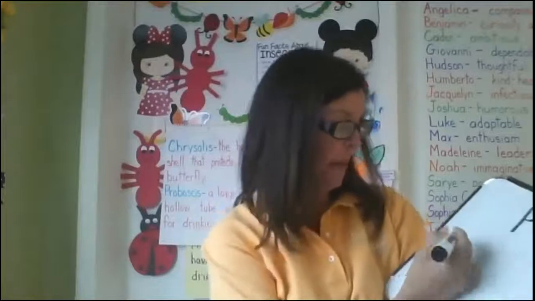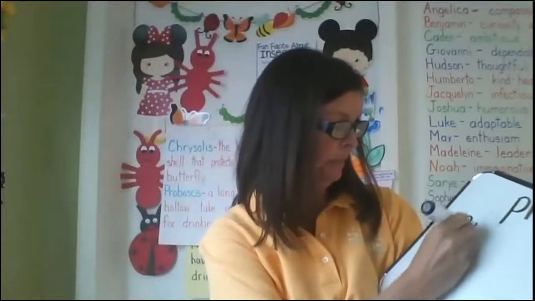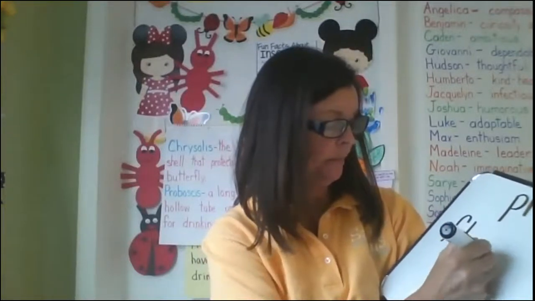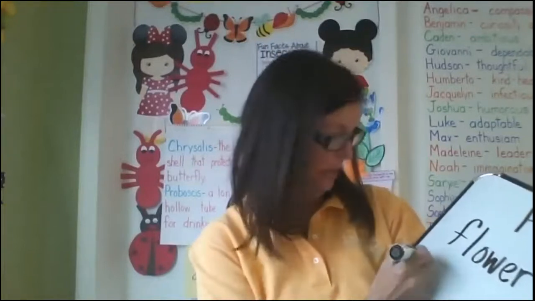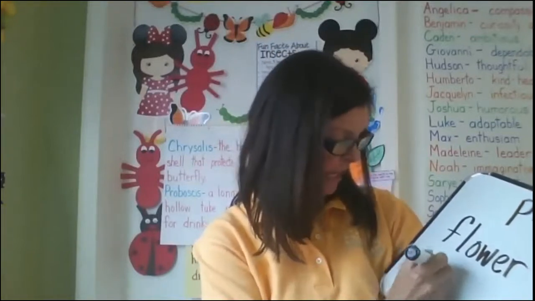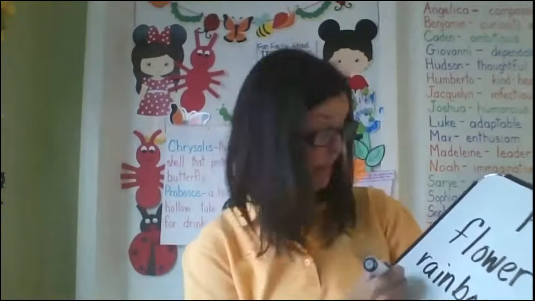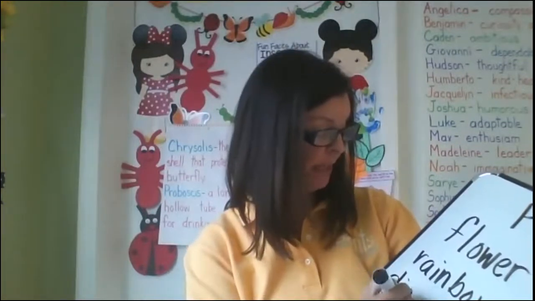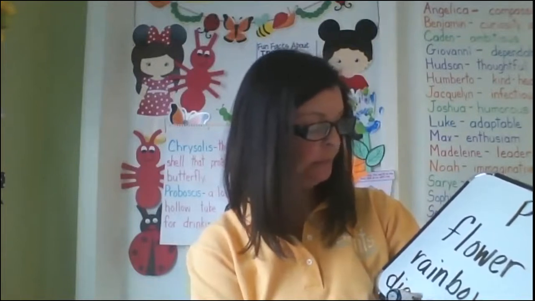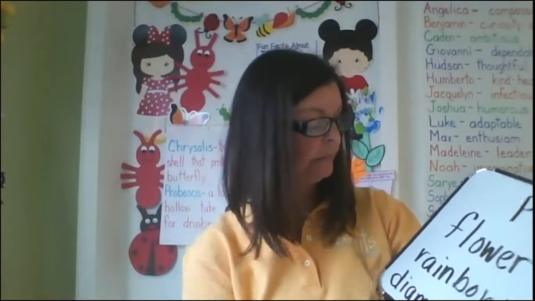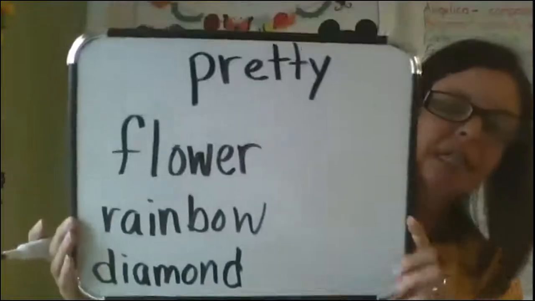In my mind, a flower reminds me of something pretty. A rainbow reminds me of something pretty. Ooh, how about a diamond? And there's just a few examples.